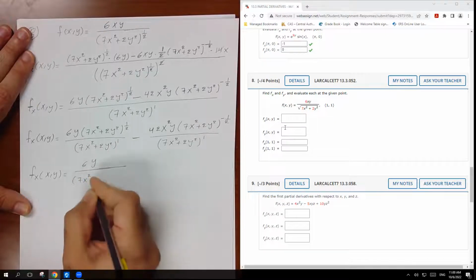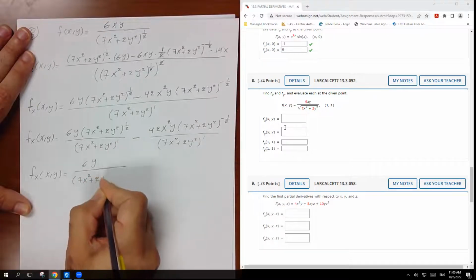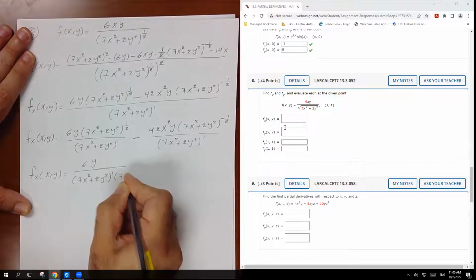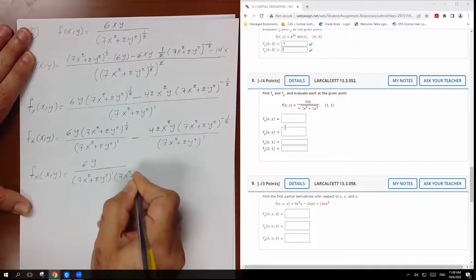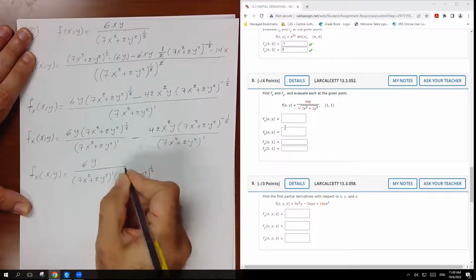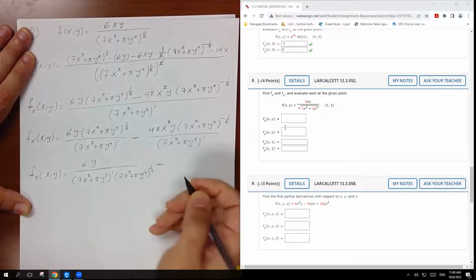7x squared plus 2y squared to the 1 and times 7x squared plus 2y squared to the half. And everything here is minus.